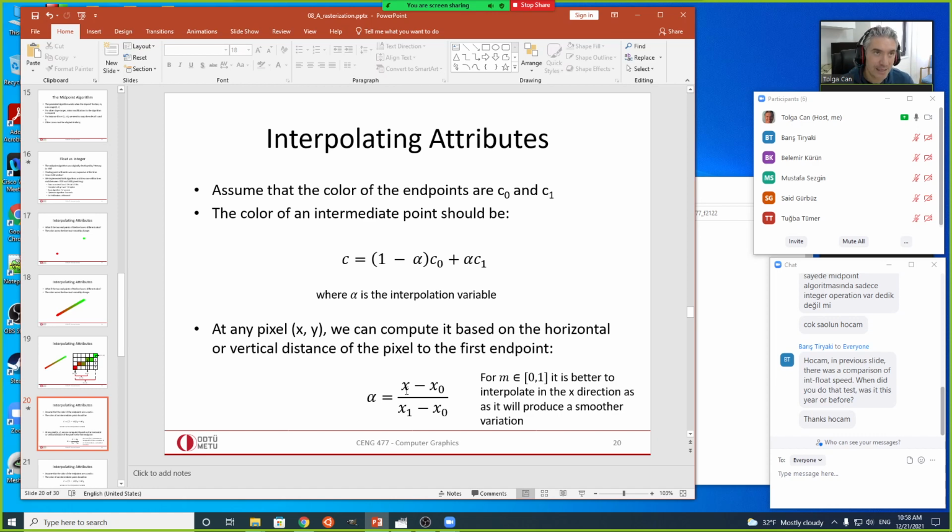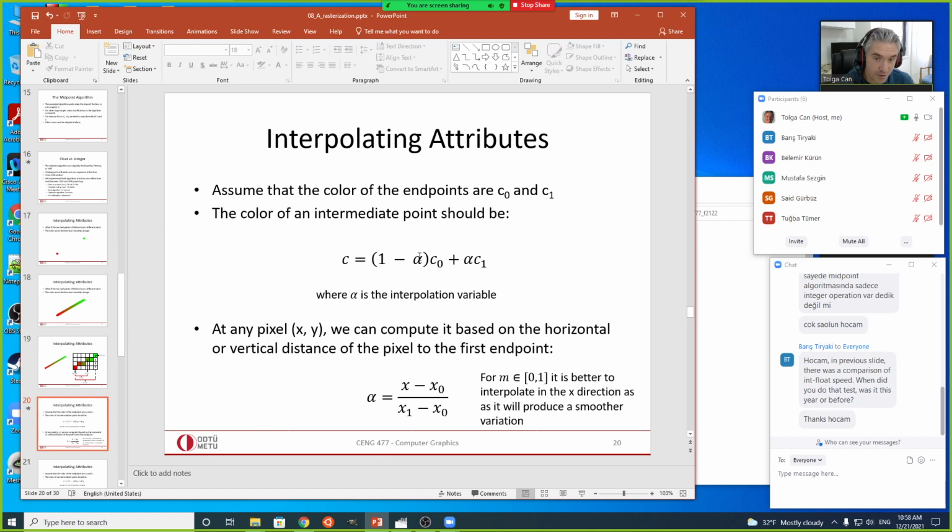If we are exactly in the middle of the line, we will also be exactly in the middle of the line in terms of this x-coordinate. So it's actually a very good approximation. We will exactly get alpha equal to 0.5. As you can see, when alpha is small, it means that we are closer to x0, which means that we need to give a higher weight to the first color.